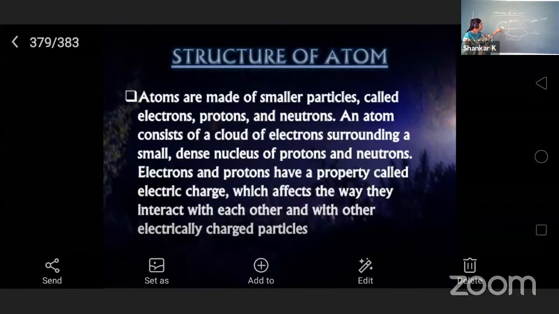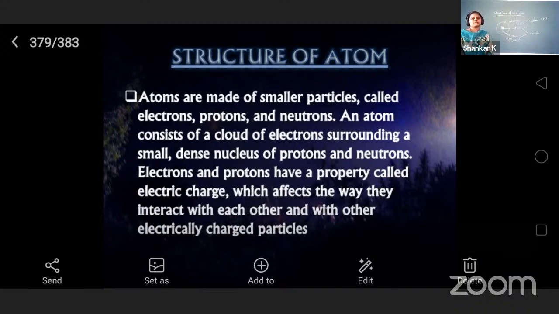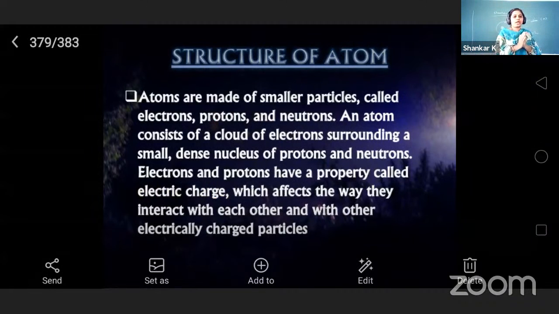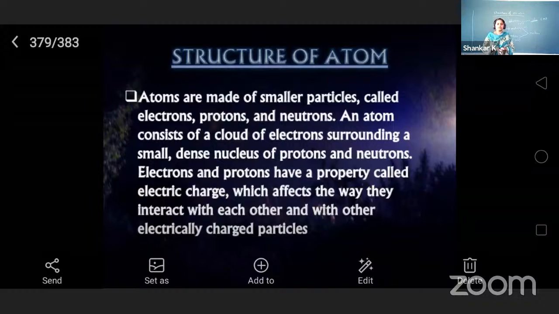Electrons and protons have a property called electric charge, positive and negative, which affects the way they interact with each other and with other electrically charged particles.